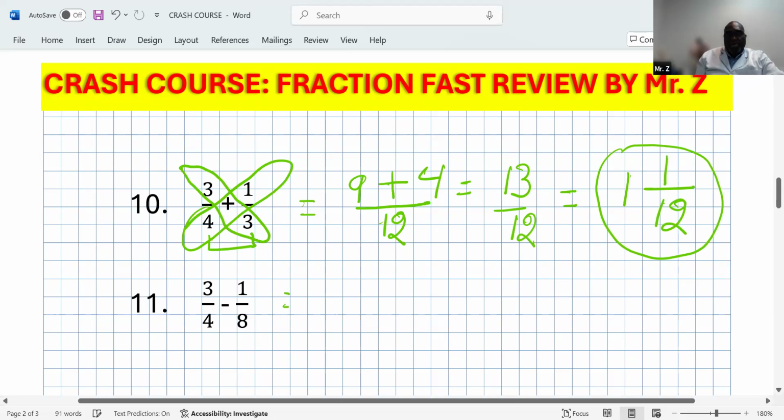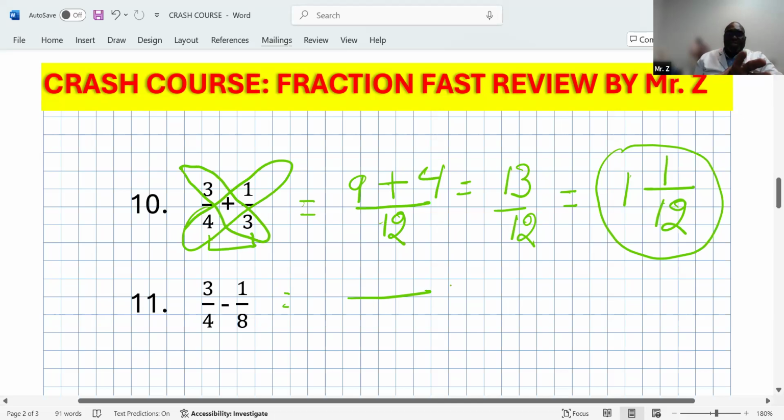It's the same concept. Okay, so you're gonna do 4 times 8. That one is a general rule. There is a different way where you can find a lowest common denominator, but I don't want to get you confused on that one. I just want to share with you the general rule.